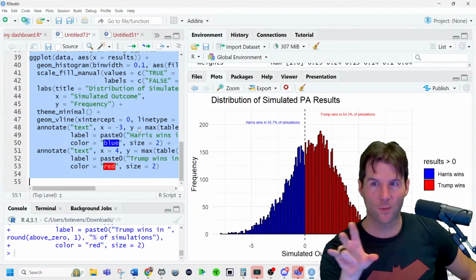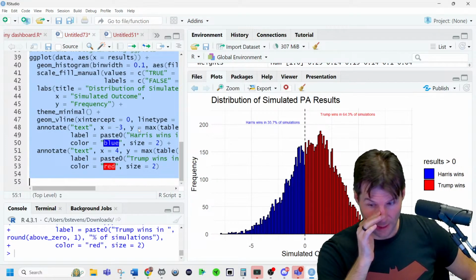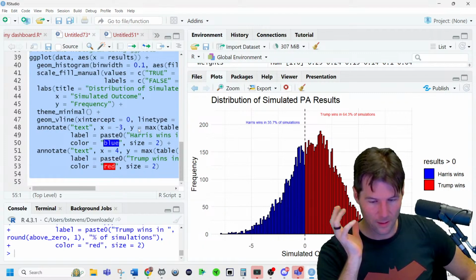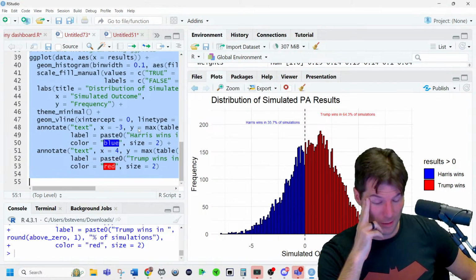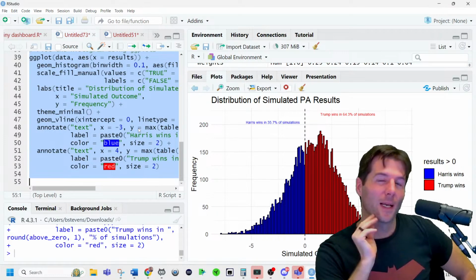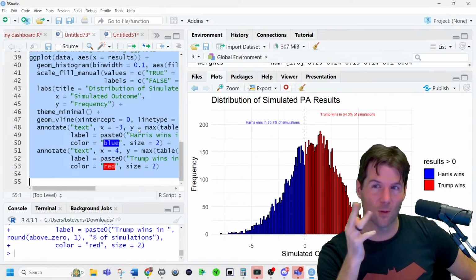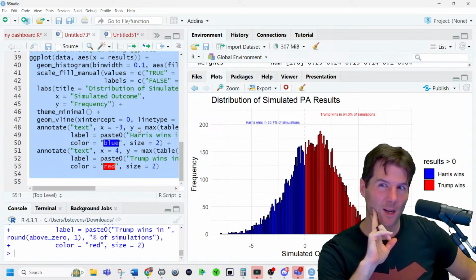I'd put in a rating for each poll, and then the recency of the poll, where it would compute that. And then the website would be a Shiny app, and you would click on the state you wanted. It might be hard to get the map. I don't know how to do the map. I could have you just select the name of the state from a drop-down menu or something, and then it would show you the simulated results for that state. I know how to do that.